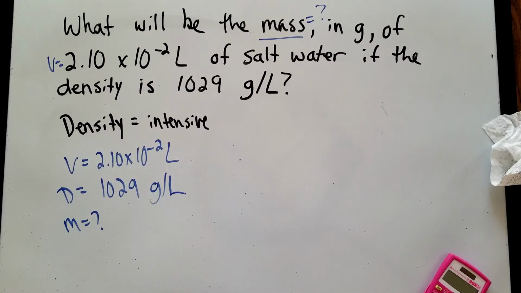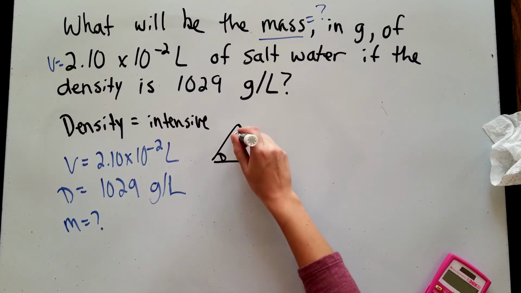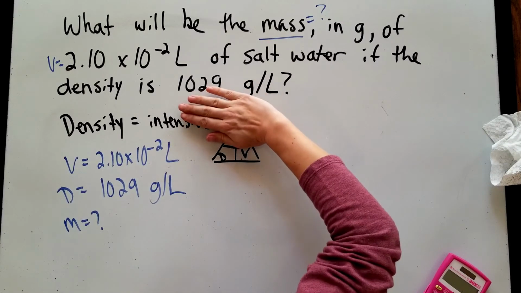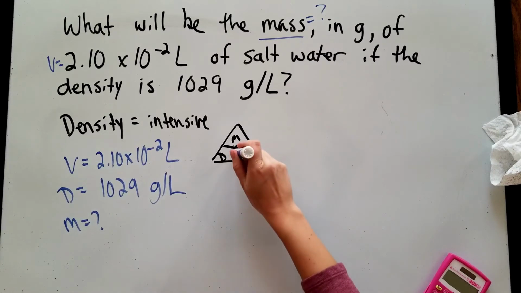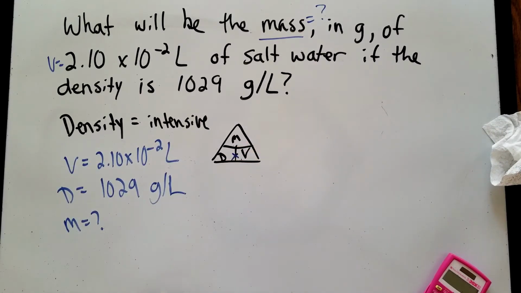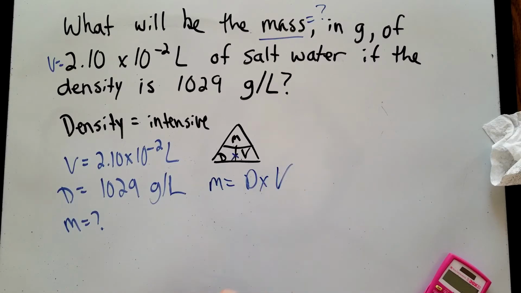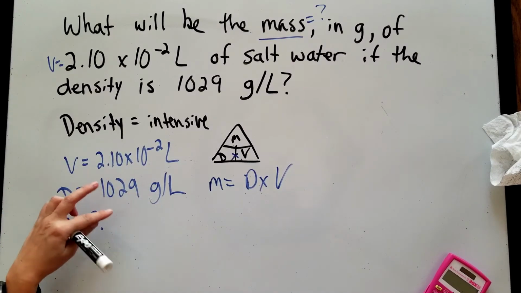So I can use my density triangle to figure out what that equation is going to look like. Mass is what I'm solving for, so I cover up the m, and it tells me that I'm going to multiply density times volume to figure out what the mass is. Before I plug these values in, I need to make sure the units are okay.